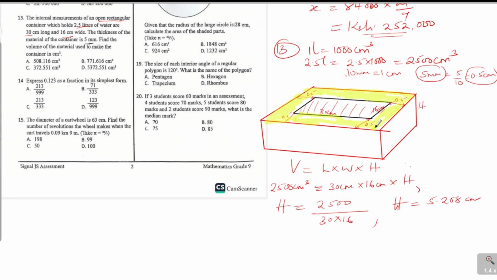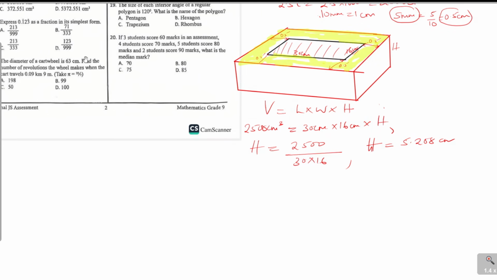The one that I'm shading in yellow, that is what you are supposed to get. So in order to get that, we will use the volume. So the volume of the material will be given by the external volume minus the internal volume.